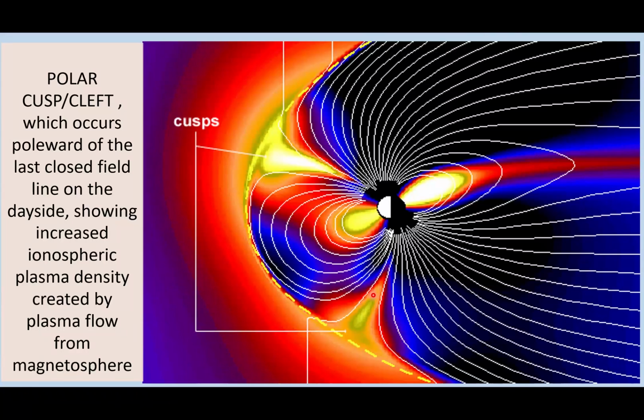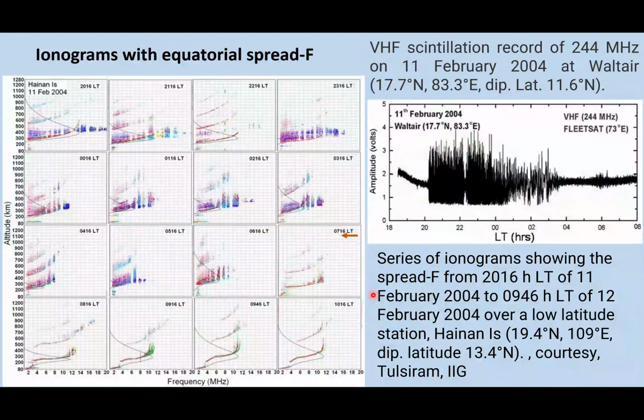Now we discuss some transient features in the ionosphere as seen from the ionograms, and here we are showing the feature called equatorial spread F. Equatorial means it occurs mostly in the equatorial region. Of course, there is also spread F at mid-latitude, but the reason for that is different.